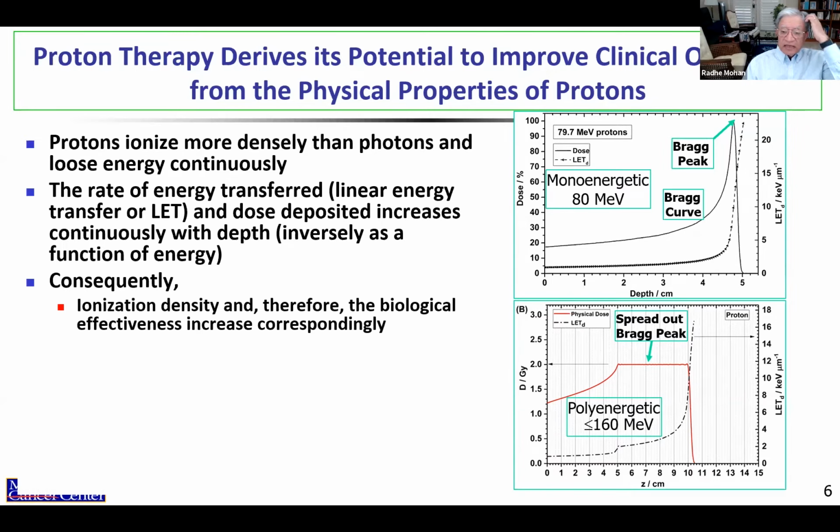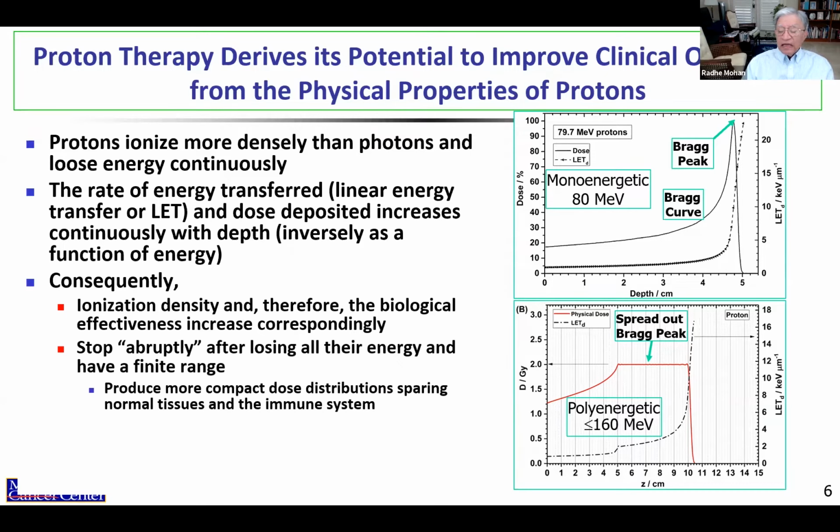And the result of that is that the ionization density, and therefore the biological effect, which depends upon ionization density, also increases. And once they have lost all their energy, they stop rather abruptly, and that means they have a finite range. This allows us to produce sharp distal edges and sharp fall-offs, and produce more compact dose distributions that spare normal tissues, and now, as we're discovering, also the immune system.